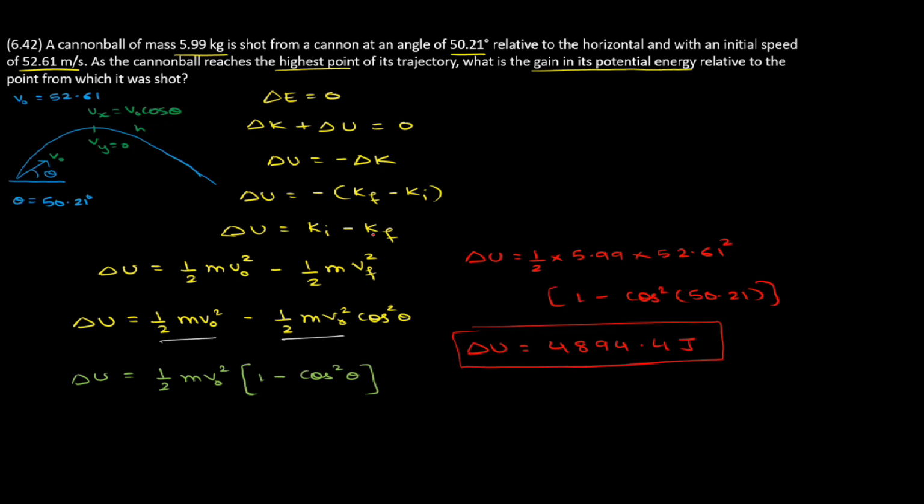In free fall motion, generally when we consider free fall motion, we take velocity at the highest point to be equal to 0. But projectile motion is a combination of motion along the x-axis as well as motion along the y-axis. So y-axis motion is similar to free fall. This is why the y component of velocity becomes 0 at the highest point, but the x component remains constant. It does not change. So whatever initial x velocity you had over here, that x component will be the same throughout the motion.